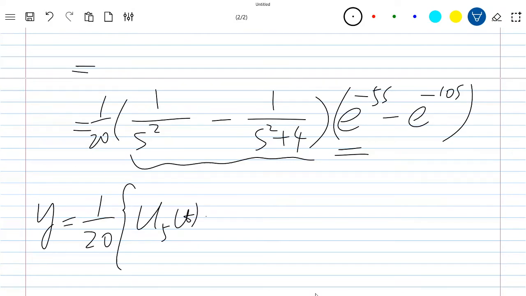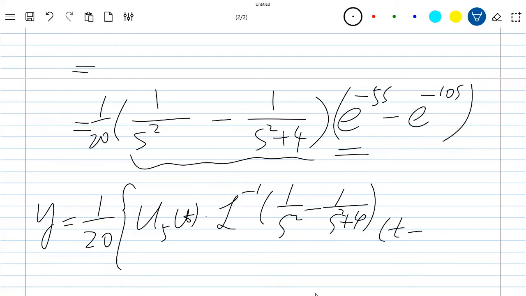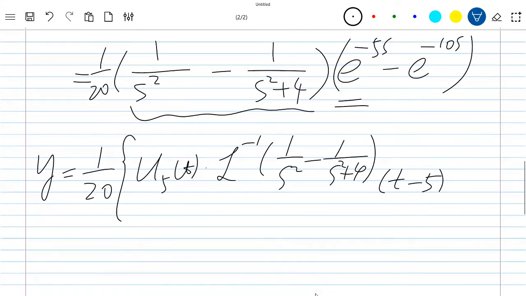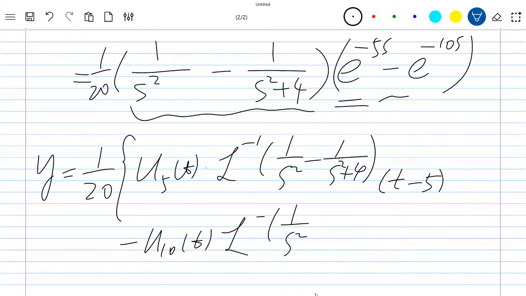Then how do you do the shift? You have to do the inverse transform. Then you replace t by t minus c. And similarly, this is minus, so it's minus u10 of t. And then you do the same inverse transform, but you replace t by t minus 10.